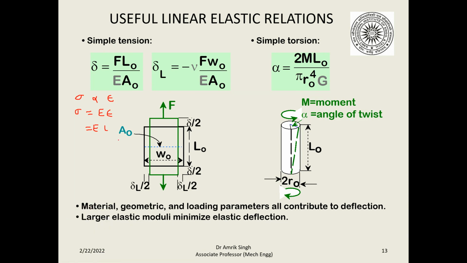Sigma is F upon A, F upon the original area, that is A0. The change in length is delta L divided by L, and that will give you the strain.